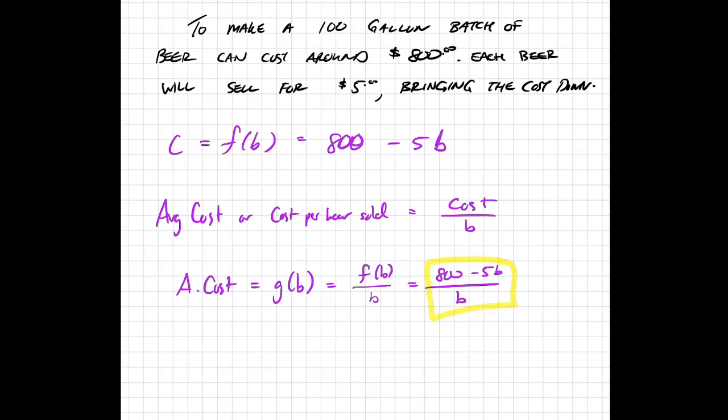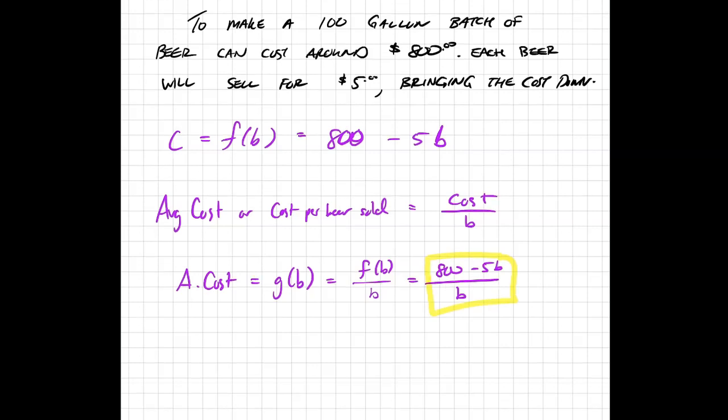So if this is our average cost, then we can ask, what is the average cost to make a batch if we sell 100 beers?